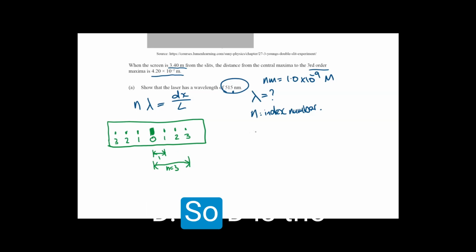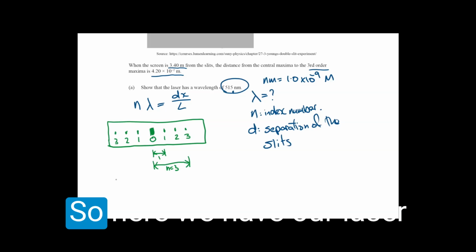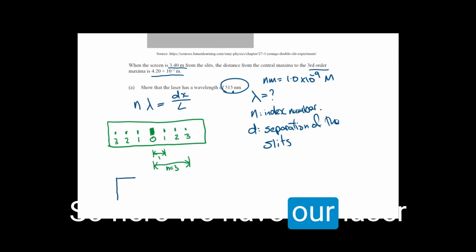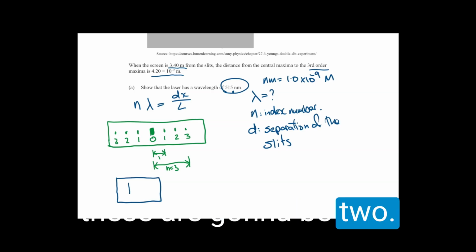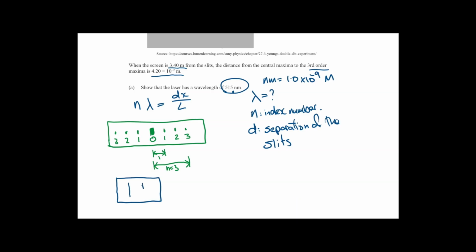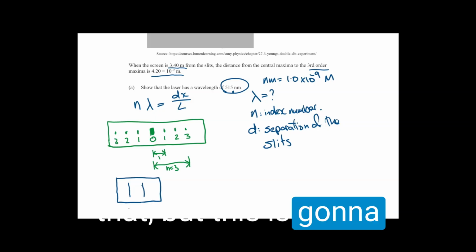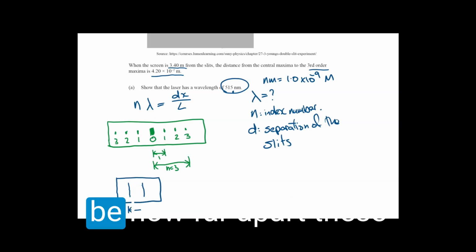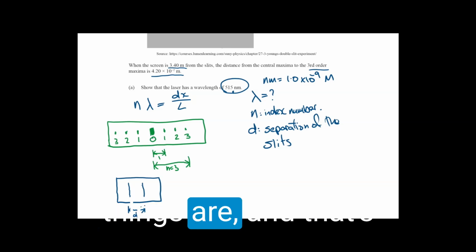D. So D is the separation of the slits. So here we have our laser that we're firing, and these are going to be two slits. They're going to be obviously a bit further apart than that, but this is going to be D. So this is how far apart these things are.